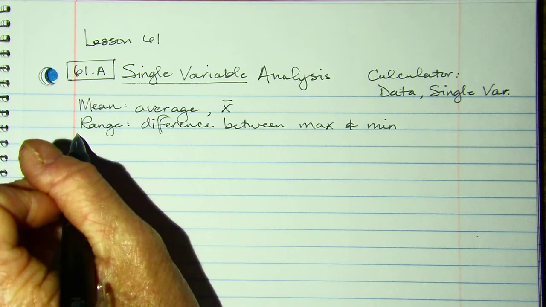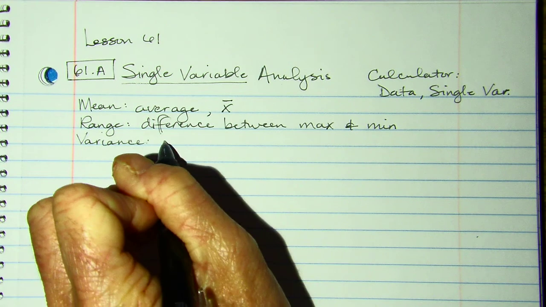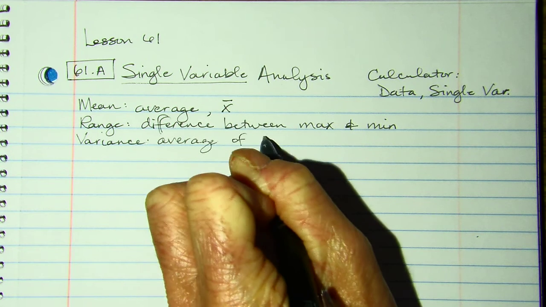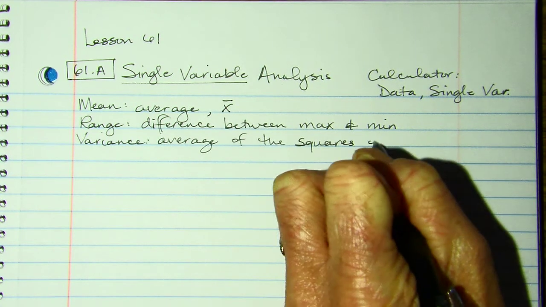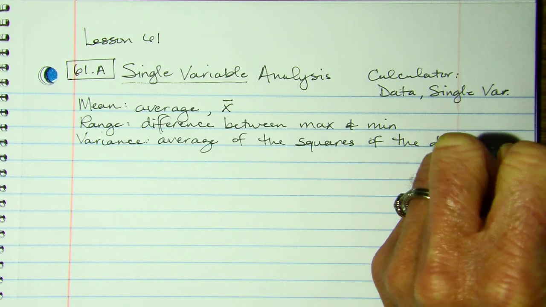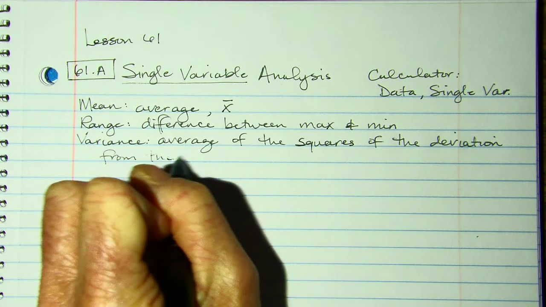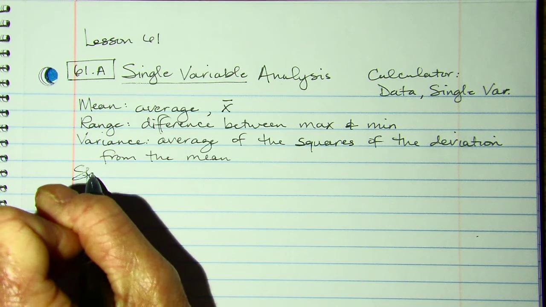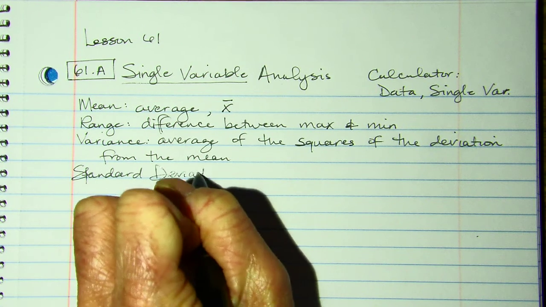Then there is variance. And variance looks at the average of the squares of the deviation from the mean. And last is standard deviation.